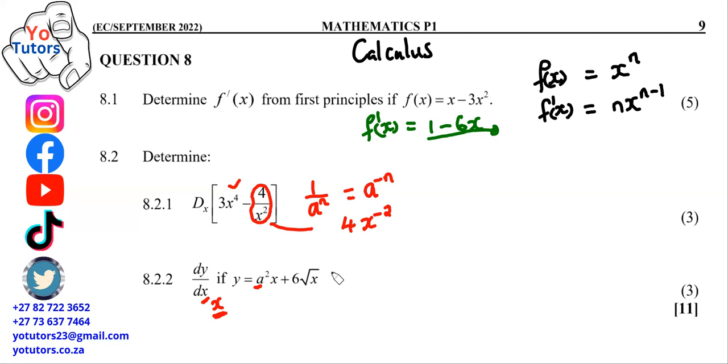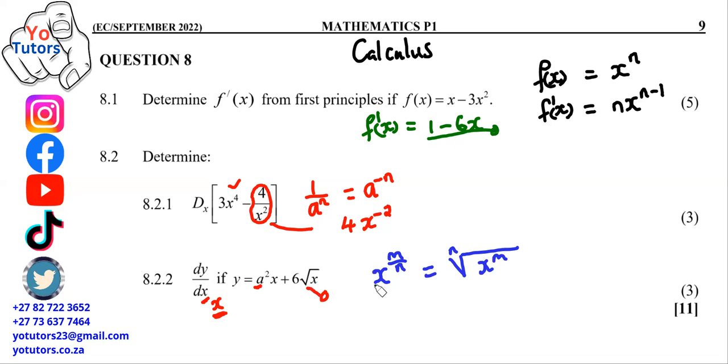But another issue that we are seeing here is a root. What do we need to do? We need to change it again into an exponent. Now, what rule are we using there? I don't know if you still remember, when we have x to the power m over n, this is the same as the nth root of x to the power m.